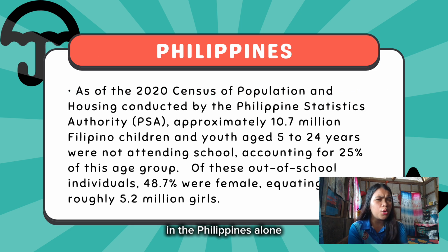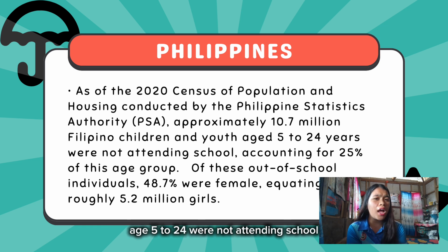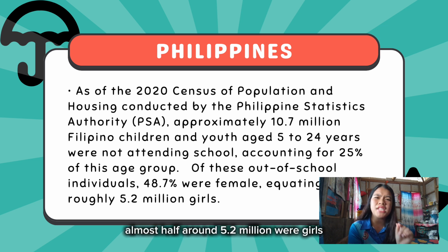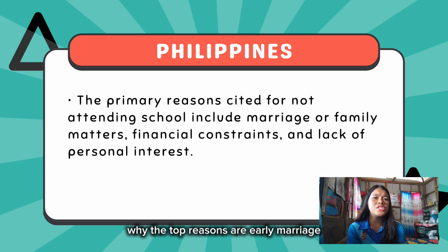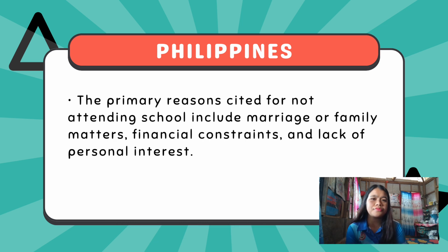In the Philippines alone, the 2020 census found that 10.7 million youth aged 5 to 24 were not attending school. Almost half, around 5.2 million, were girls. Why? The top reasons are early marriage, financial problems, and lack of personal interest.